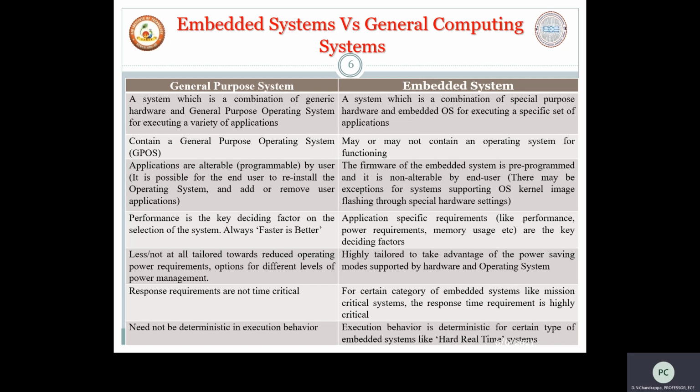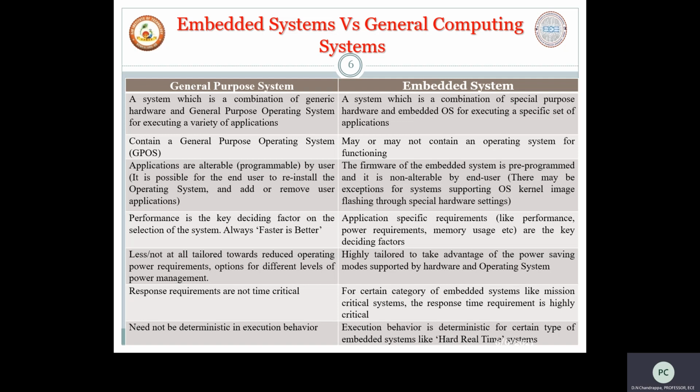A general purpose system is a combination of generic hardware and a general purpose operating system. But an embedded system is a combination of special purpose hardware and an embedded operating system for executing a specific set of applications.